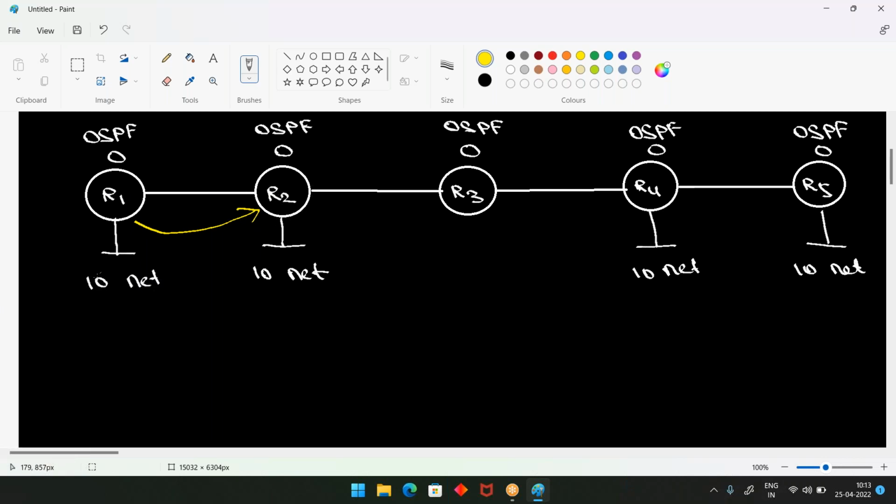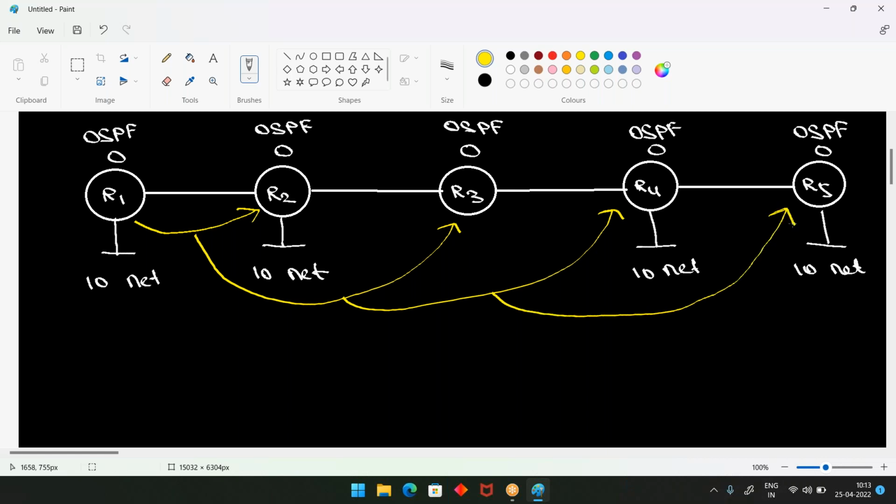The R1 router will share its 10 networks to R3 as well, to R4 as well, and to R5 as well. That means the R1 router will share its own networks to R2, R3, R4, as well as the R5 router.